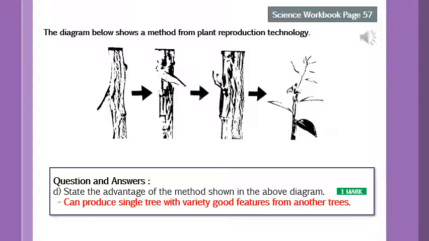If you can explain this in other sentences, you may. It's better if you use your own words, because that means you understand the topic well. So basically, people use the bud grafting method because they want to produce a single tree that has good features or good breed from another tree.